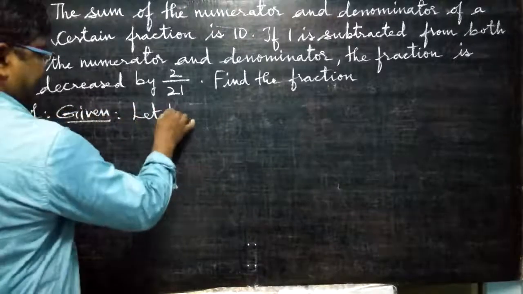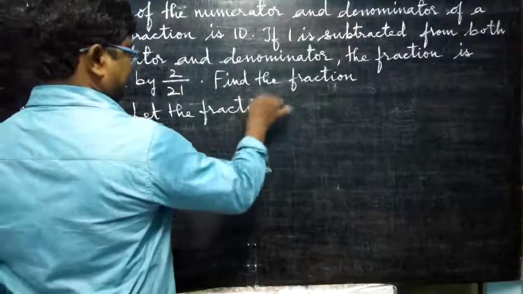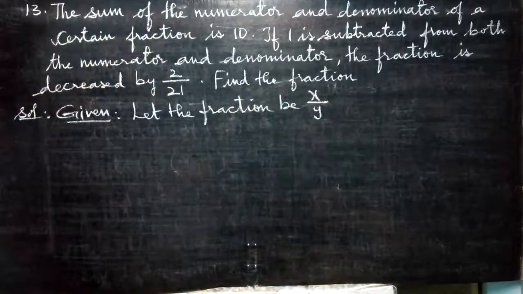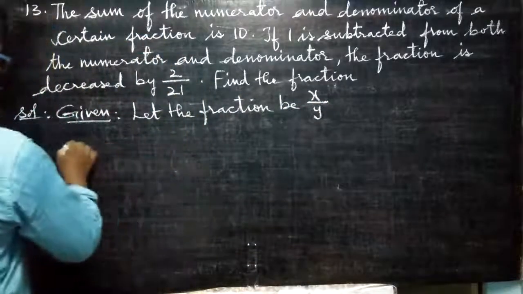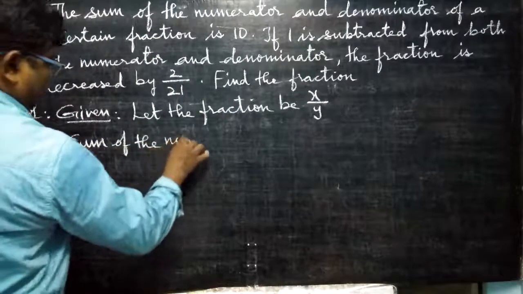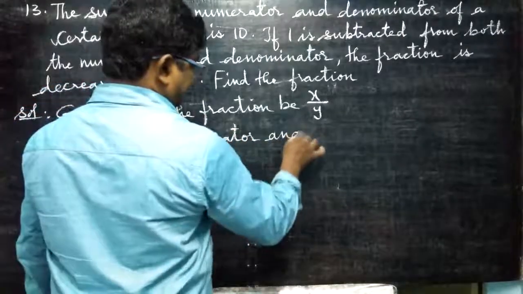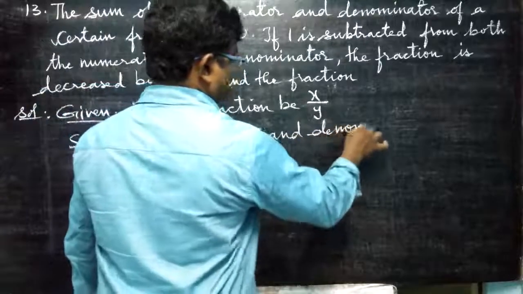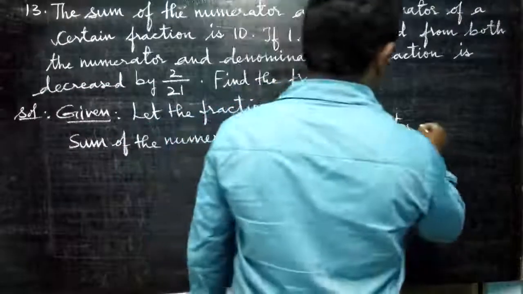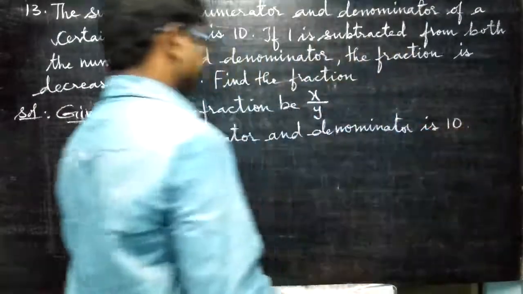Let the fraction be x by y. We don't know, no? x by y. Now they told the sum of the numerator and denominator is 10.